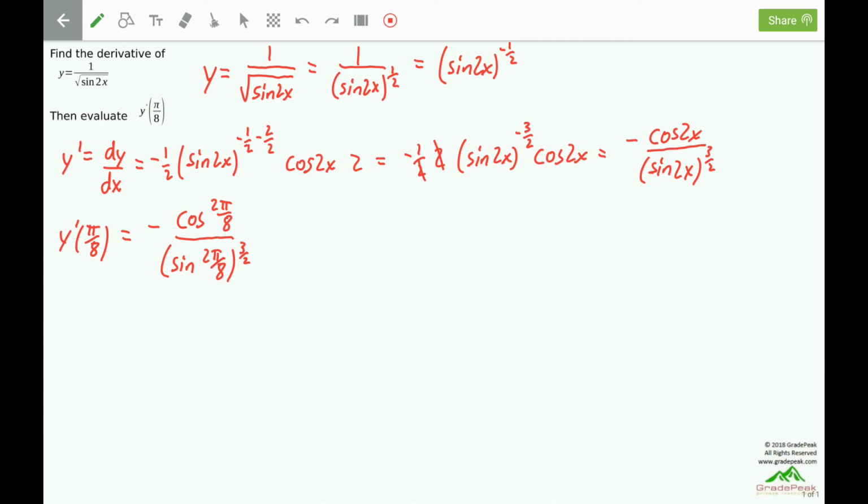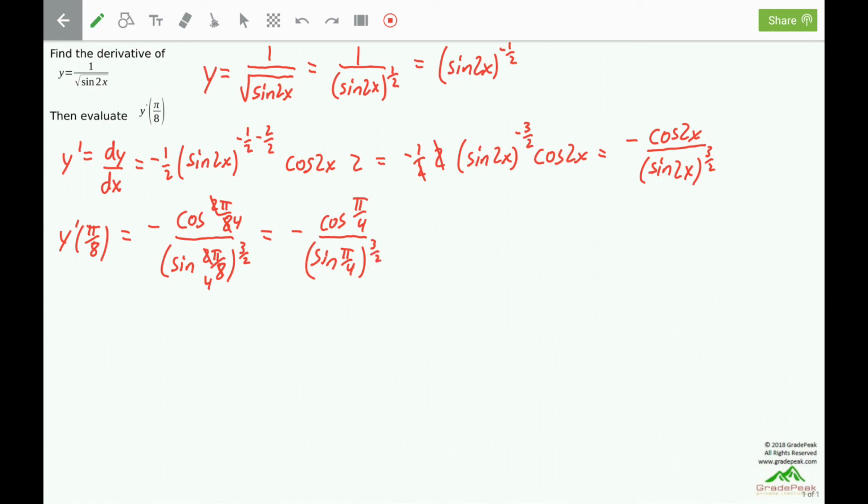Now the 2 and the 8 can reduce, cancel out, leaving a 4 in the denominator for each of those, meaning that I have the negative cosine of pi over 4 over the sine of pi over 4, quantity raised to the 3/2 power.